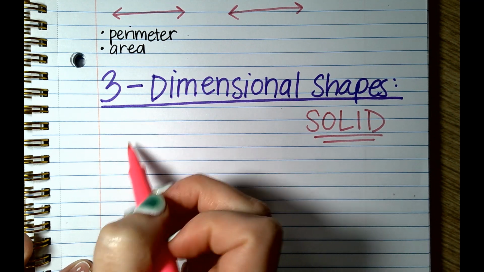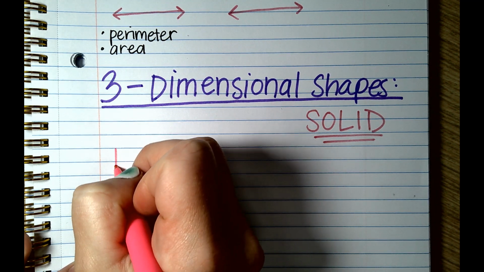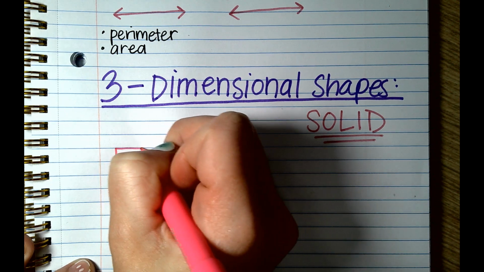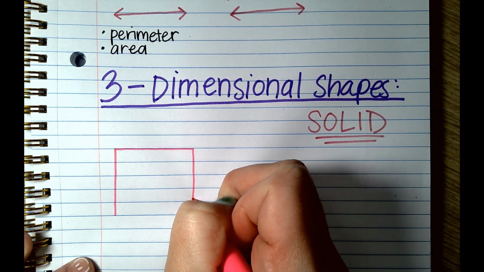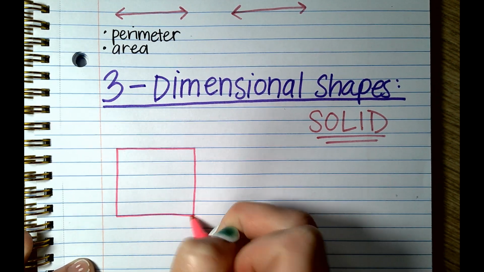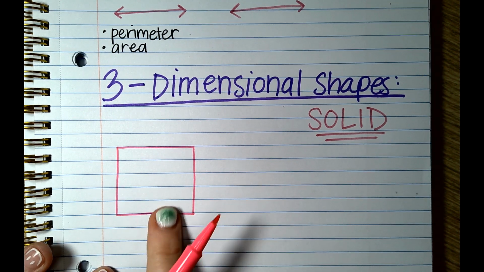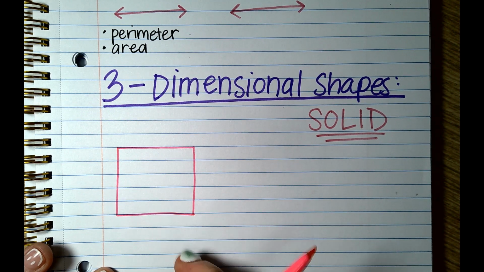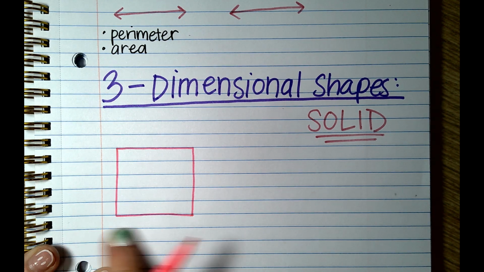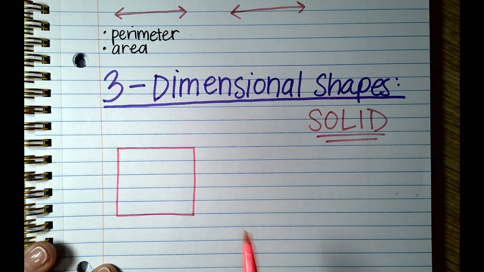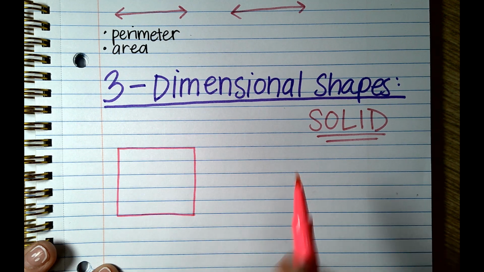I'm going to give myself a few lines, and I'm going to start with a square sort of shape. So here is a square. This is two-dimensional. I only have a height and a width, or a length, you know.